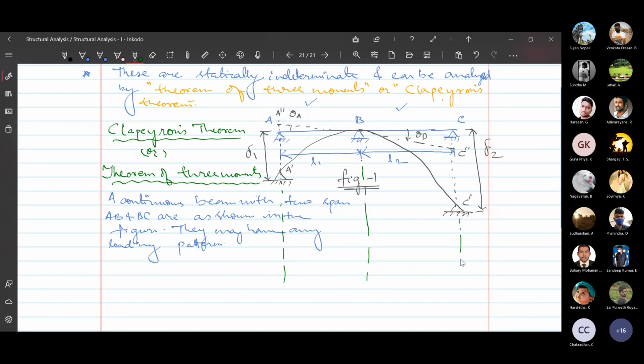So if I draw the bending moment diagram treating the beams A and B as simply supported, I'm considering AB simply supported, and BC is also simply supported. Then the BMD will be like this.